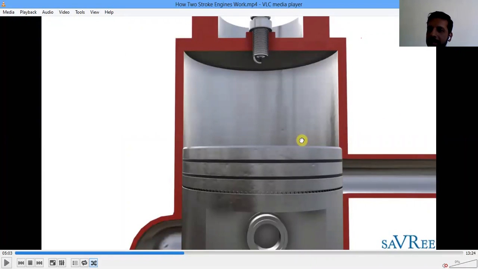This complete thing takes place with only two strokes of the piston. The piston moves once from TDC to BDC, and the next time, the second stroke, from BDC to TDC. So within these two strokes, the entire cycle is over.